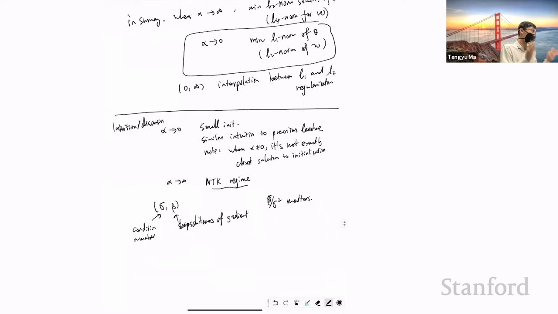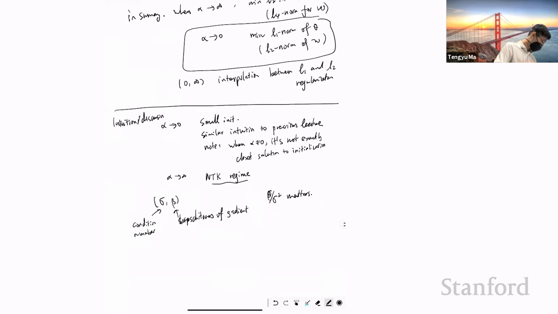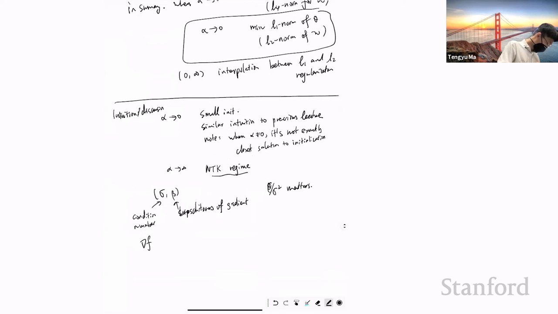Now let's compute what sigma and beta are in this case. The gradient with respect to the initialization W0: let's take W plus and W minus both to be alpha times the all-one vector. We can compute the gradient at initialization. There are two sets of parameters.